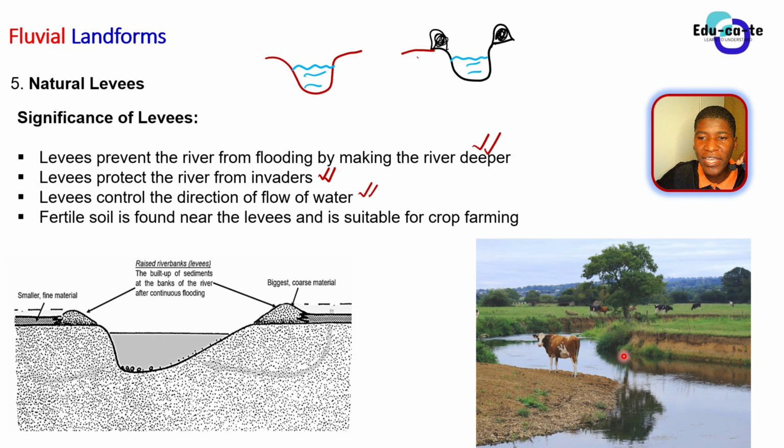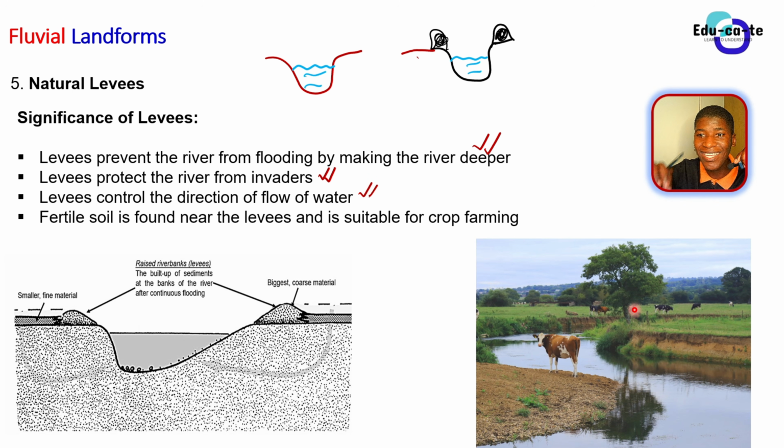For example, you can see that this is a river, and these are people doing some livestock farming closer here. But even crop farming is possible. If I start planting some crops here, it is very possible to plant crops next to these levees. You can see that these are the raised river banks, right? So I can just plant some crops here and start my farm.